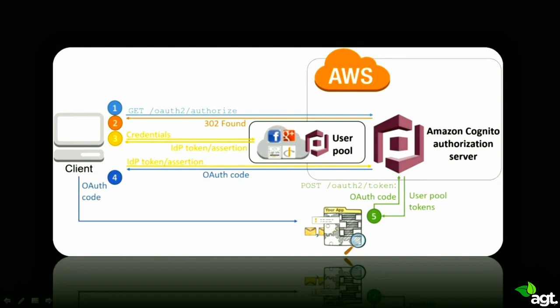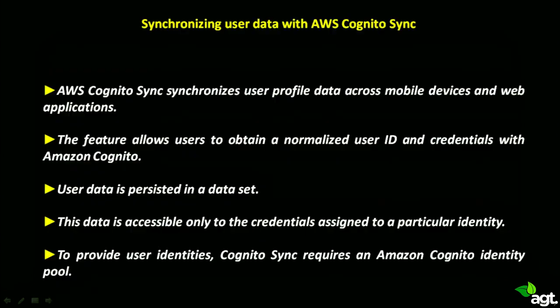Synchronizing user data with AWS Cognito Sync. AWS Cognito Sync synchronizes user profile data across mobile devices and web applications. The feature allows users to obtain a normalized user ID and credentials with Amazon Cognito. The service supports both Android and iOS devices with high-level client libraries that cache users' data locally.